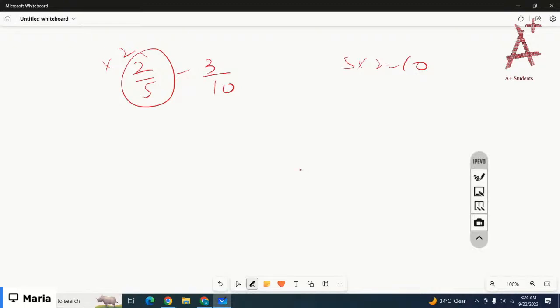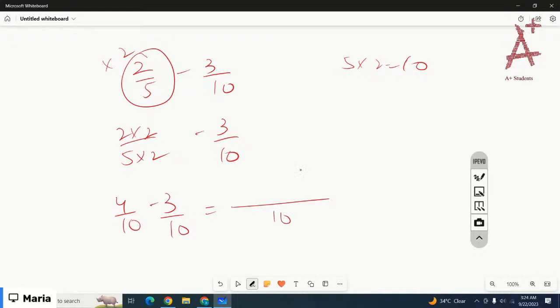So that would be 2 times 2 over 5 times 2 minus 3 over 10. 2 times 2 is 4 over 10 minus 3 over 10. Now they have like denominators. You can simply subtract their numerators. 4 minus 3 is 1. That would be 1 over 10. The correct option is 1 over 10, right?